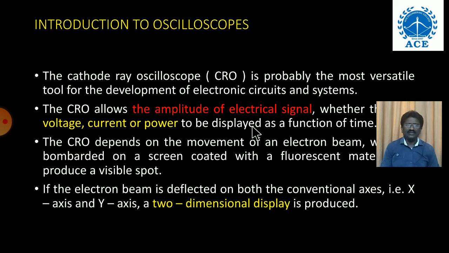The CRO allows the amplitude of electrical signals, whether they are voltage, current, or power, to be displayed as a function of time. A CRO gives the output signal in the form of x-axis and y-axis directions. On the x-axis you consider time, and the y-axis is the vertical, where you can take amplitude, like that.